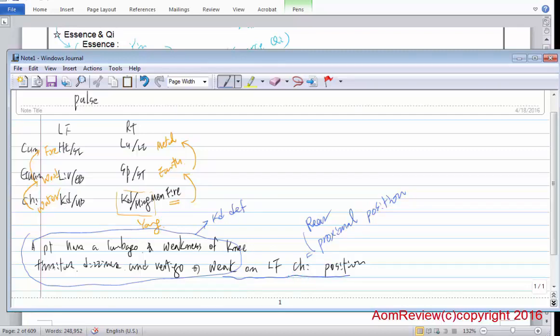Anyway, this indicates kidney, especially the left side, if the right side indicates yang, and the left side might indicate yin. So that's why in general this patient has kidney yin deficiency. If this person has a weak right side of the chi position, that might be kidney yang deficiency.